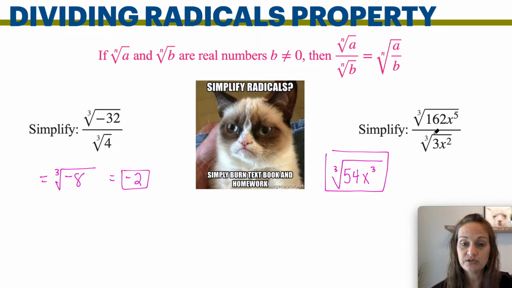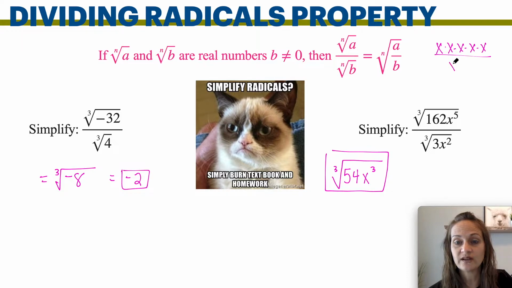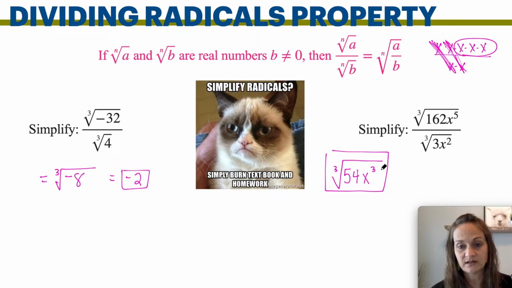Whole numbers you divide, 162 divided by 3 gives you 54, but exponents you would subtract. And the reason is if you have x to the 5th, that is x times x times x times x on top, x squared is x times x on bottom. These two cancel, leaving you 3 x's on top, which is why there was a 3 on top.